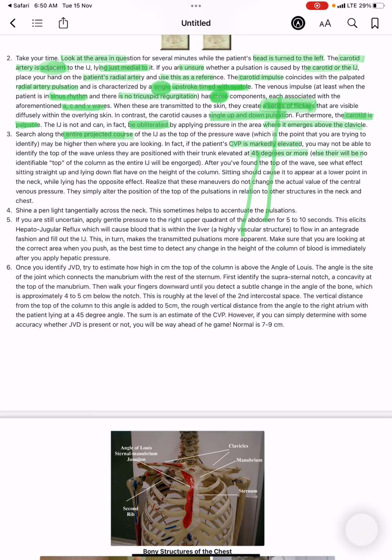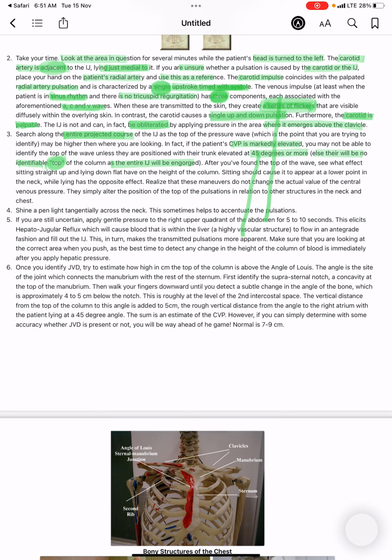Otherwise there will be no identifiable top of the column, as the entire internal jugular vein will be engorged.